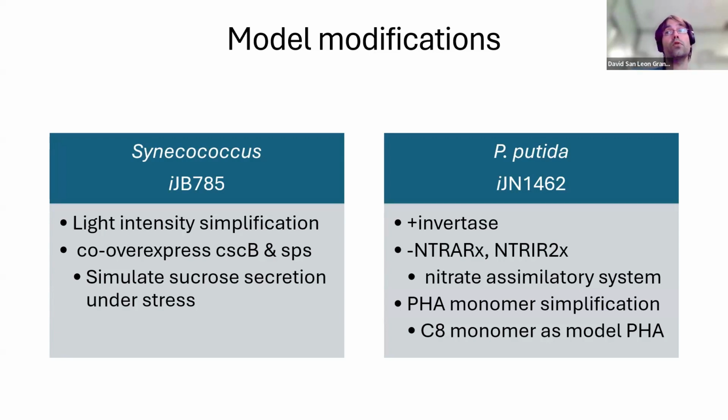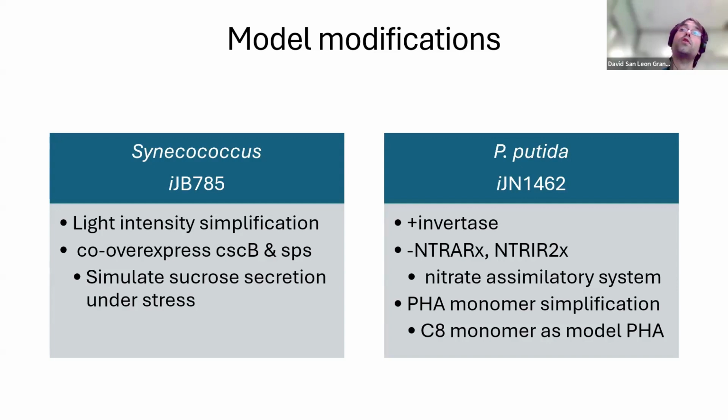We needed to include a gene, an invertase, to split the sucrose later into glucose and fructose. We had to remove the nitrate assimilation system because the accumulation of PSA in bacteria requires nitrogen starvation, and the medium that Synechococcus needs to live requires nitrogen.